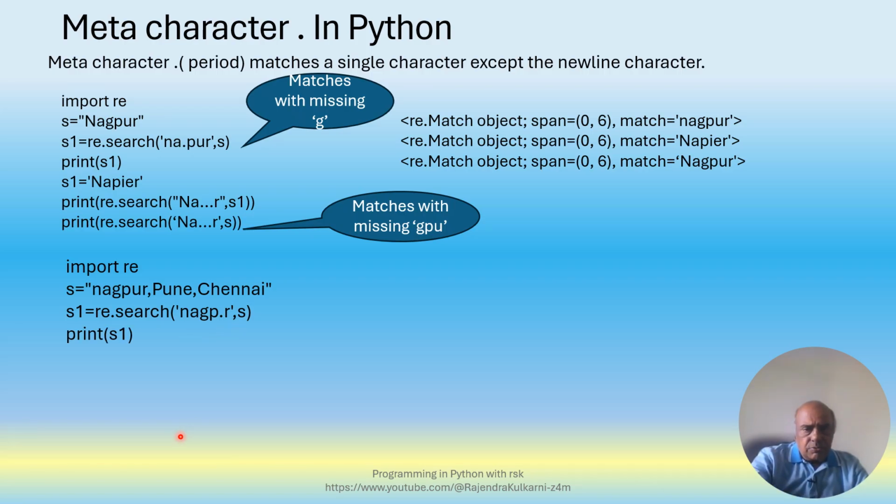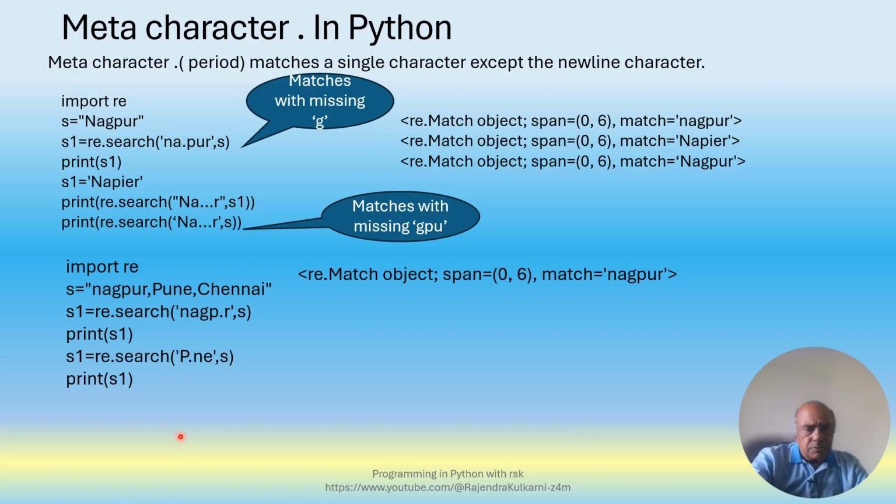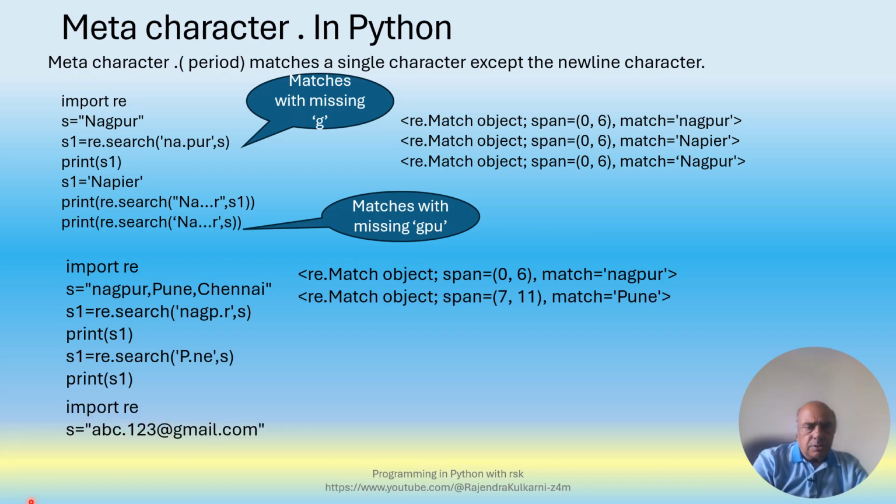The output we will get is Nagpur. Here the match criteria is p.ne, so it will search and this dot will match with U in Pune, and the output we get is Pune.